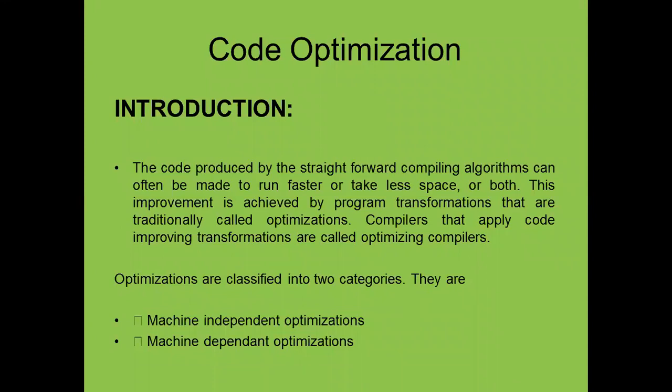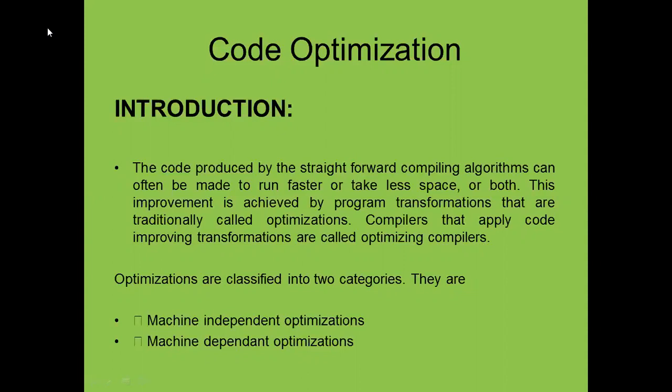You have already studied how we do the optimization. While applying the several optimization techniques, we remove the redundancy in the program, and ultimately we achieve our goal. Our goal is that our source program must occupy less space and must run faster.